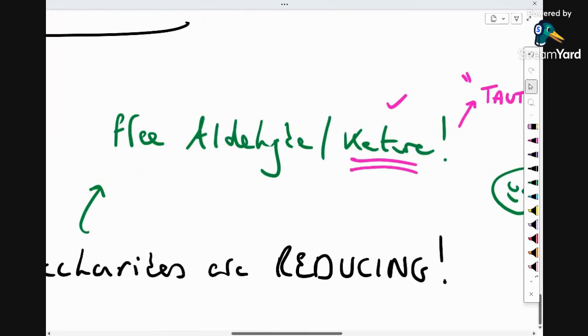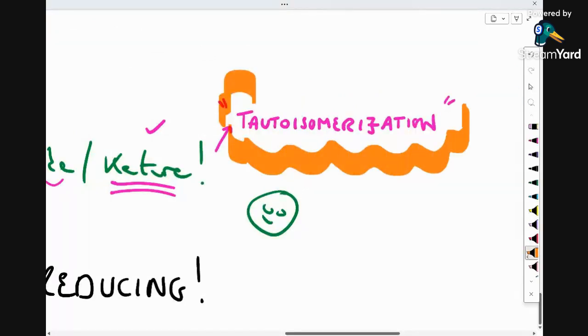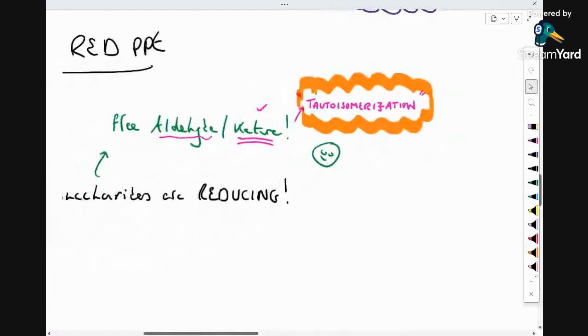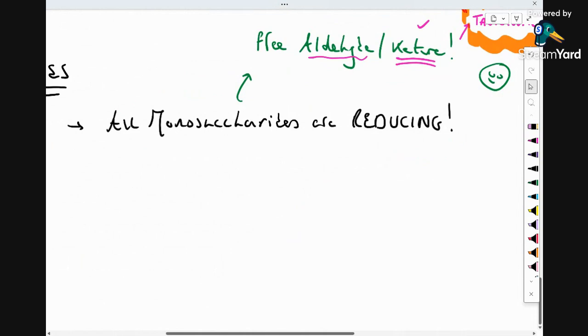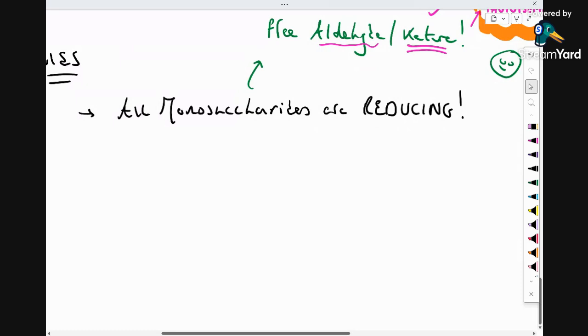You will never get asked that, but be aware that it is because of something called tautoisomerization, which is far beyond the A-level requirements. But all monosaccharides are reducing. So the monosaccharides we've come across are glucose, galactose, and fructose. Because glucose and galactose have aldehyde groups, fructose has a ketone group.